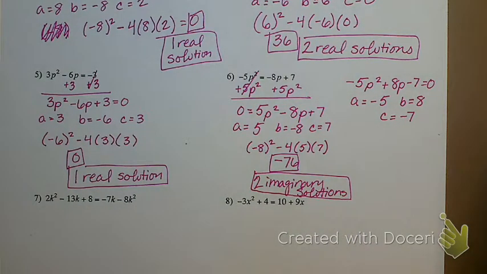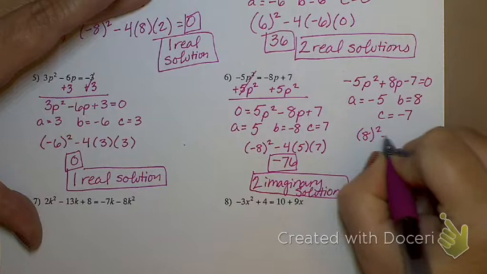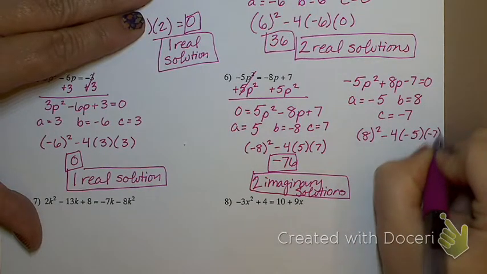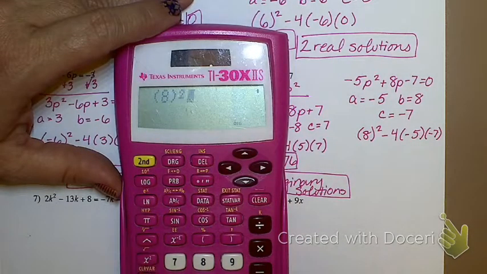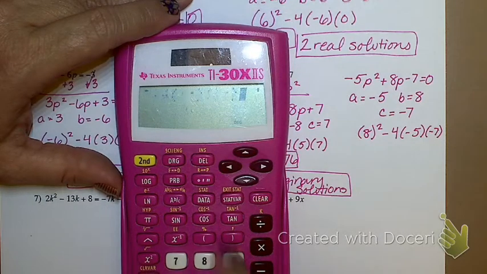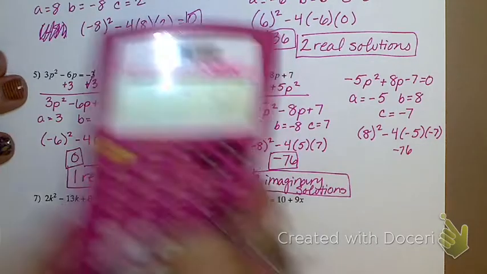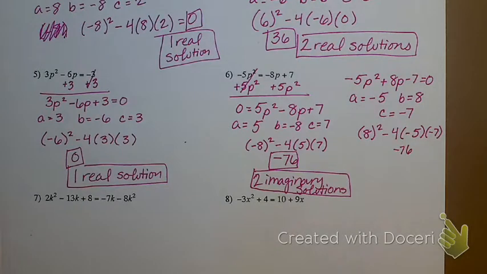But they're only different in their signs. If you do 8 squared minus 4 times negative 5 times negative 7, is it changed there? No. You still get negative 76. So it doesn't matter whether you move everything to the left or to the right. You're still going to get the same information.